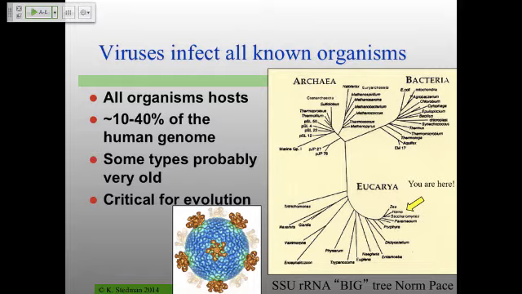Certainly for us, we've got lots and lots and lots of proviruses in our genome. We'll take a look at that in just a second. The other thing about these viruses is that they're probably extremely old, and I talked about some of my ideas about phylogeny of some of these viruses, and clearly really, really important for evolutionary processes.